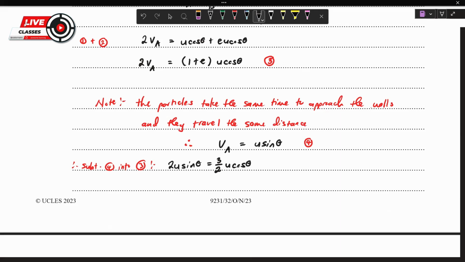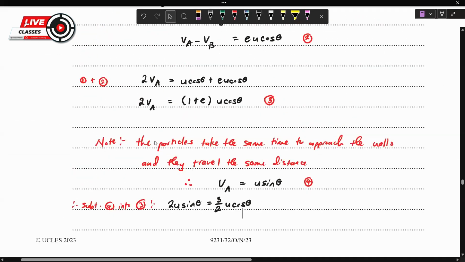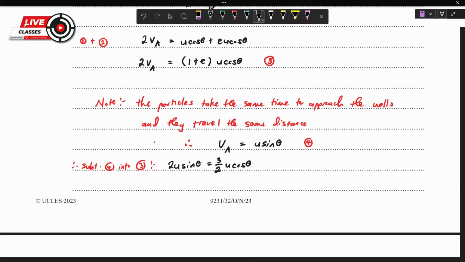All right. We no longer have enough space, so we are just going to say here, this is the same as if we multiply both sides by 2, we get 4 sine theta being equal to 3 cos theta.